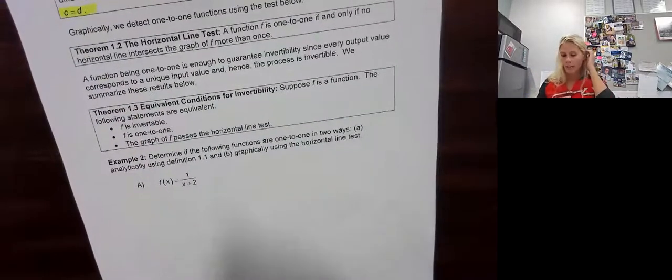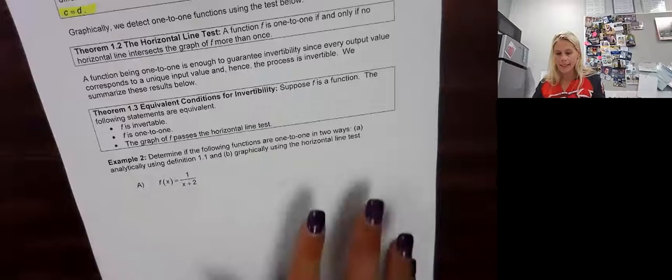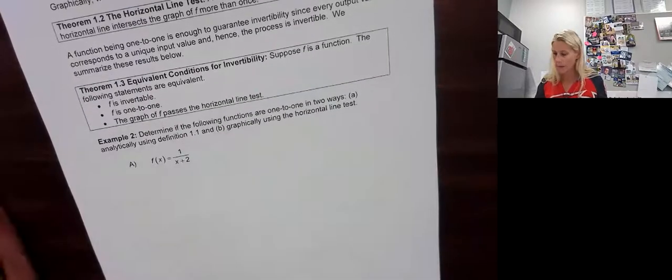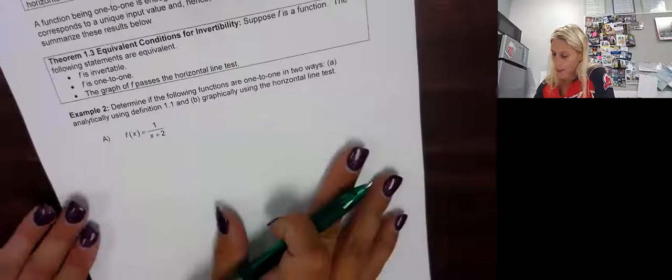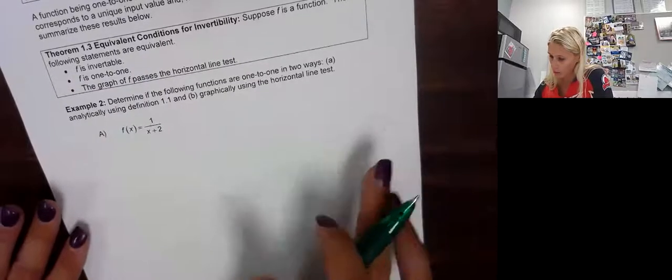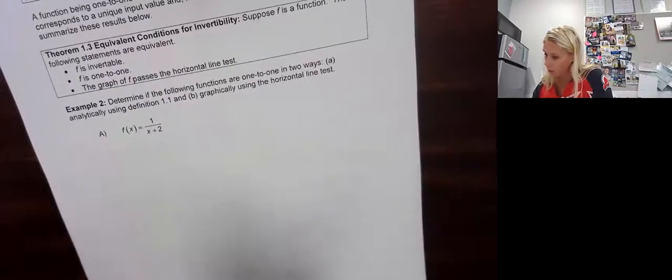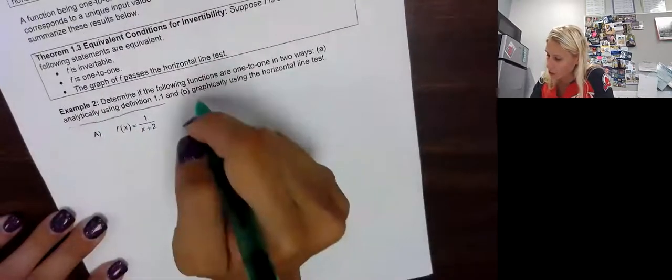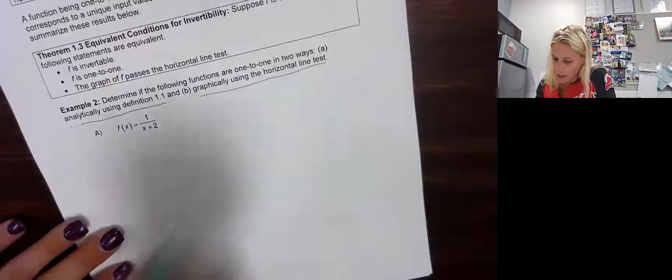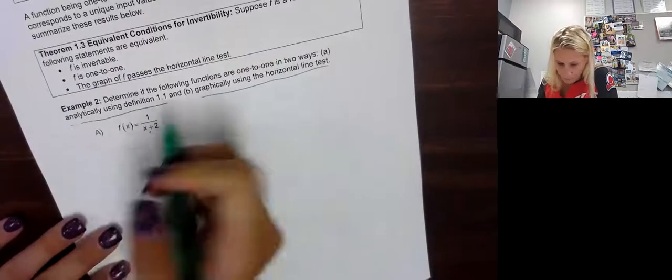Okay, so that's if I plug in c and d and what happens. Okay, so what we're going to do is we're going to show that c equals d when we plug them in both ways. Okay, we're going to do that first by using that definition, and then we're going to show graphically how that is.